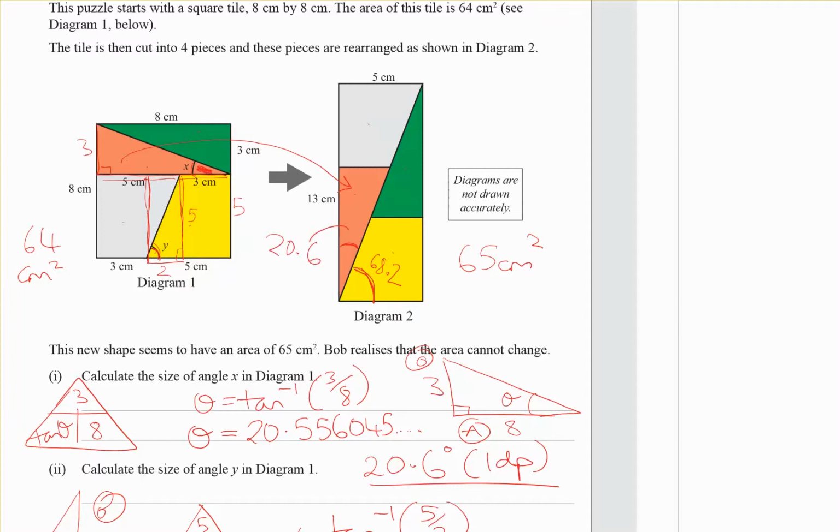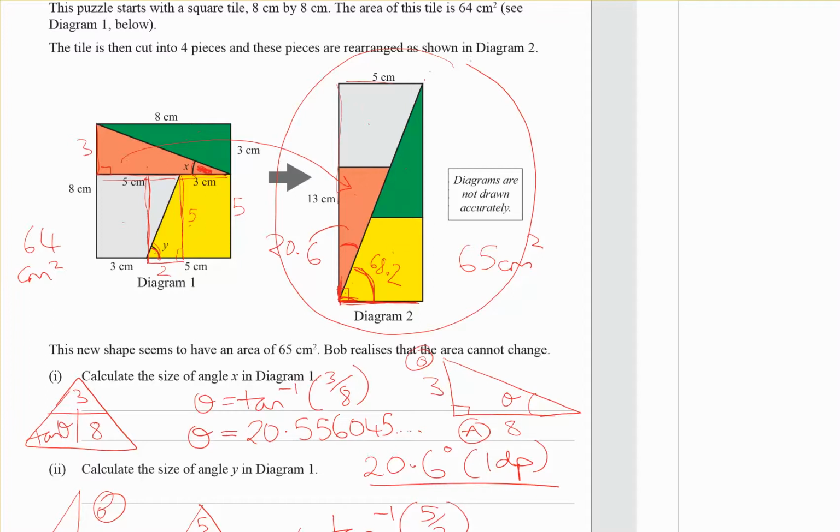Whichever way you look at it, when you add these two angles together, you don't get 90 degrees. So this is actually not a right angle in the corner. And if that's not a right angle, then this shape is not a rectangle, and so its area cannot be found simply by the 5 times 13.